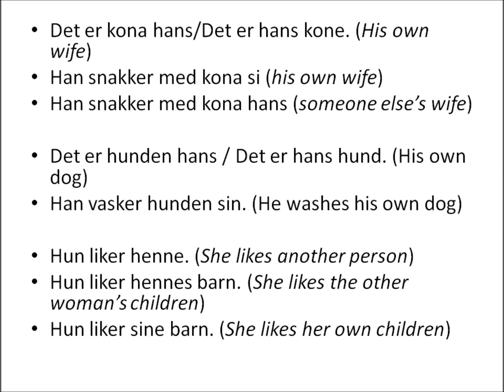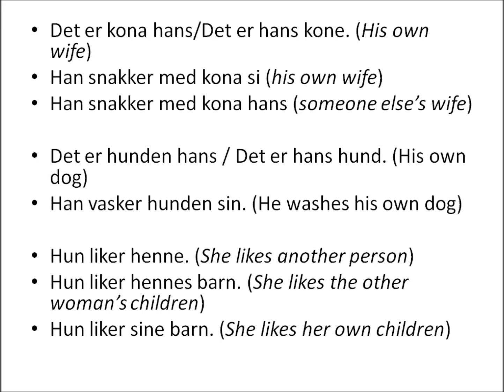Let us see the difference between hans and sin, si, sit, sine. They are kona hans or they are hans kone. This is his wife or this is his own wife. We're talking, let's say, about A. So this is A's wife.